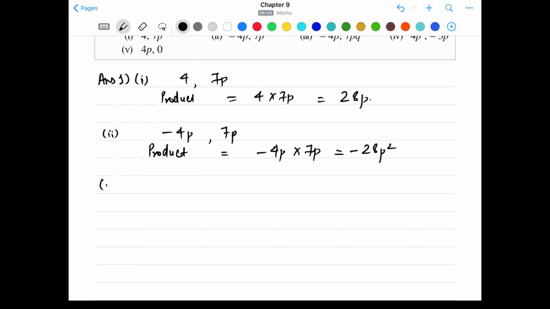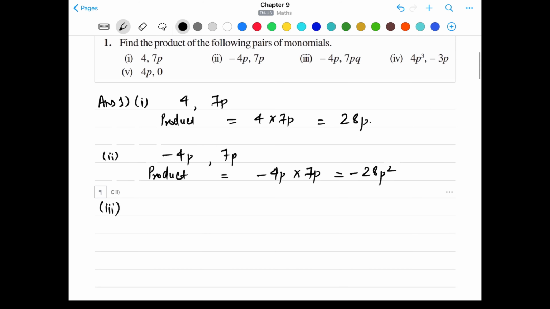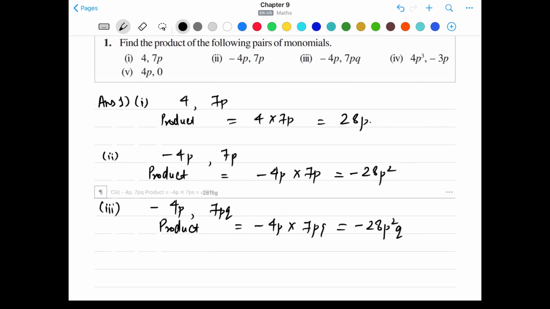Next one is, we have minus 4p and 7pq, and the product for this one will be minus 4p into 7pq. Minus 4 into 7 will give us minus 28. This p into p will result into p square, and then we have a q.